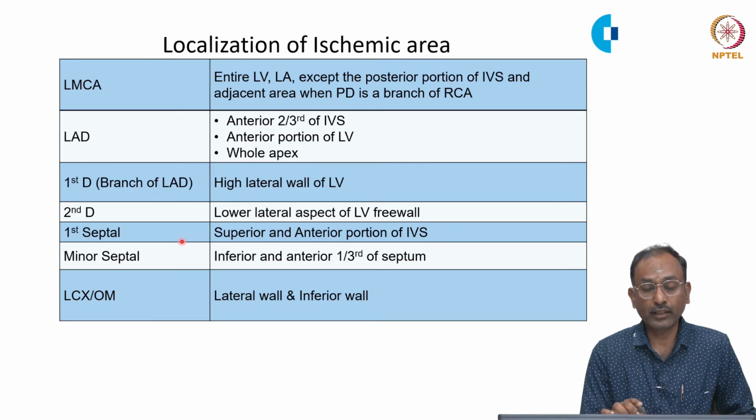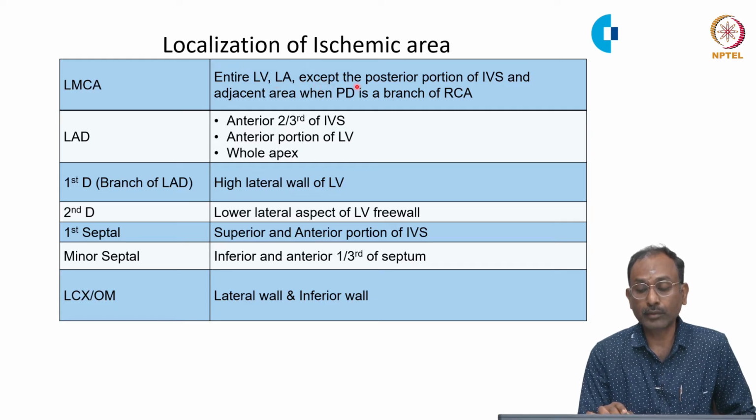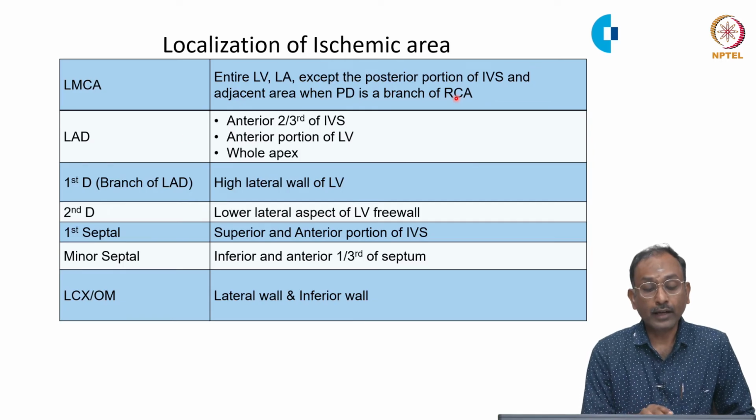So, the left main coronary artery is responsible for the supply of the entire LV and left atrium, except the posterior portion of the interventricular septum and adjacent area, which is supplied by the posterior descending artery from the RCA. And it divides into two branches: the left anterior descending artery and the left circumflex artery.